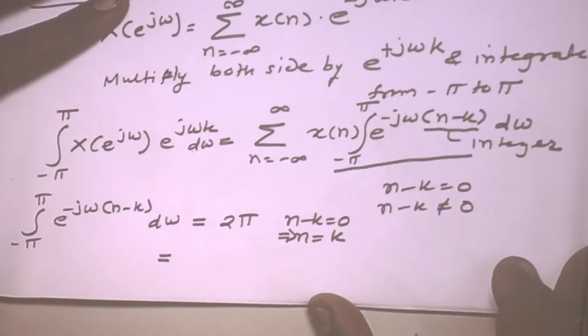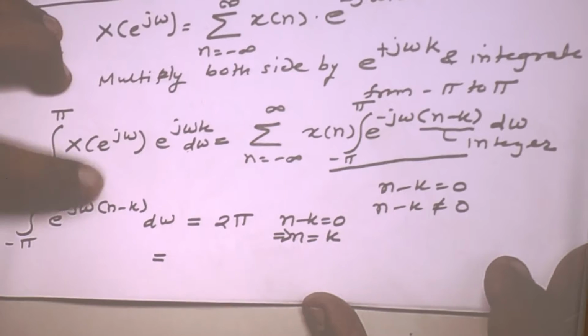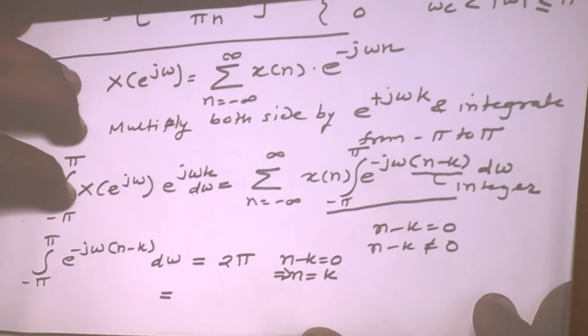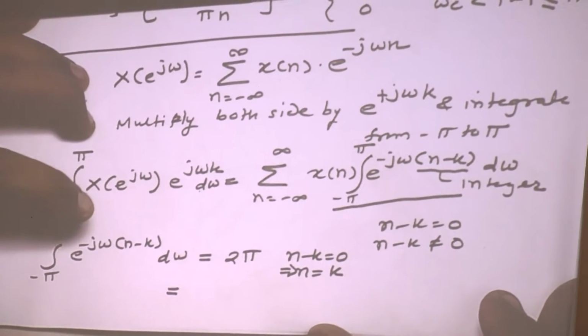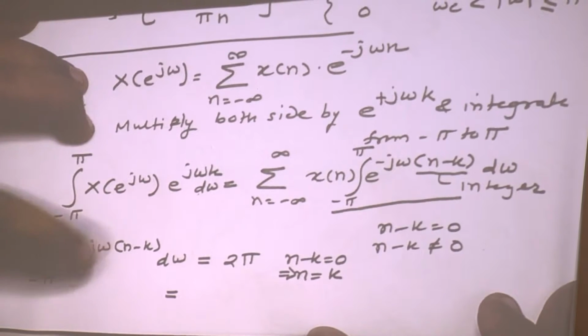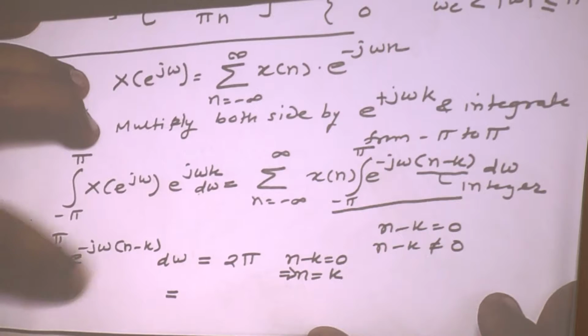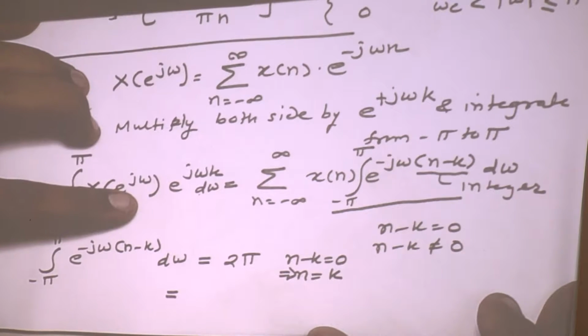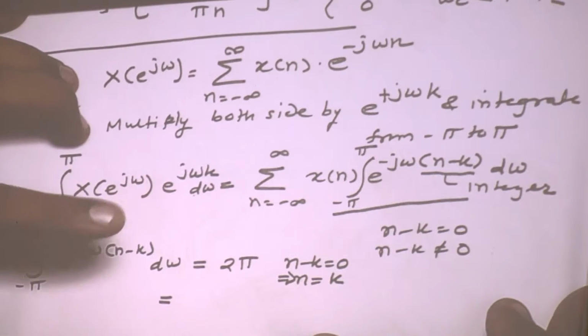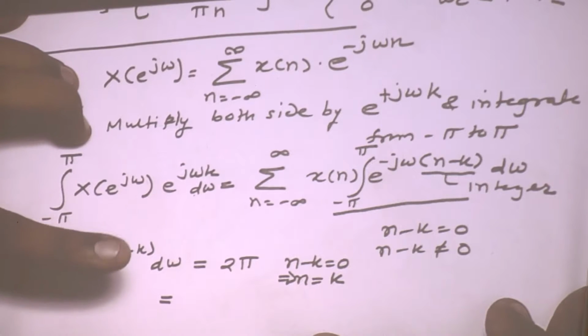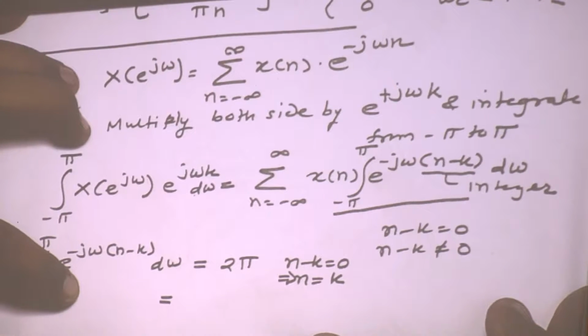So it is the integral of e to the power minus j omega from minus pi to plus pi. So e to the power minus j omega divided by minus j in the range of minus pi to plus pi. So e to the power j pi minus e to the power minus j pi divided by minus j.